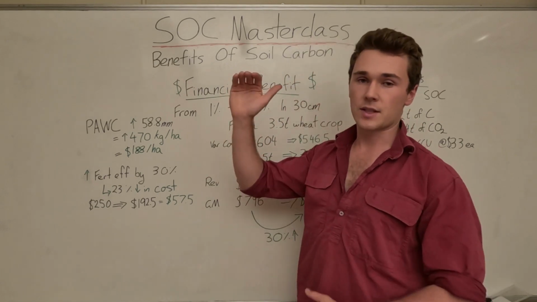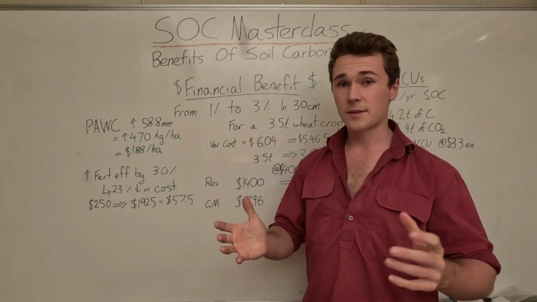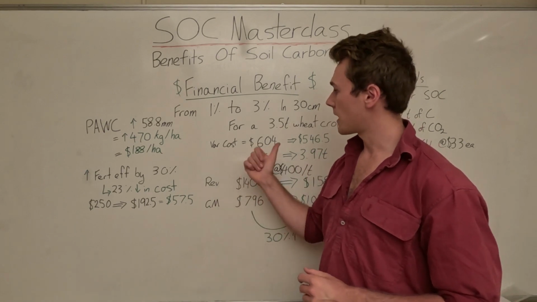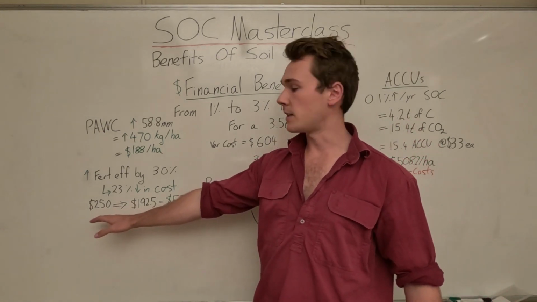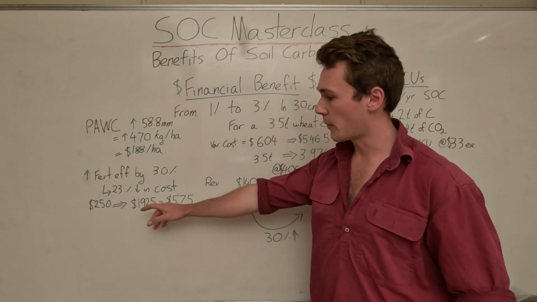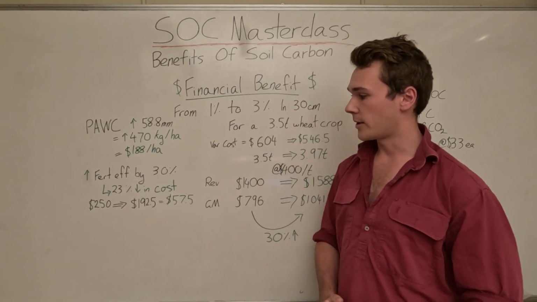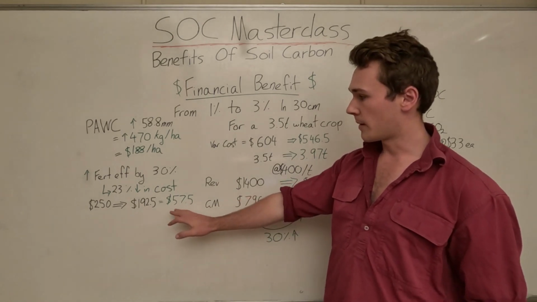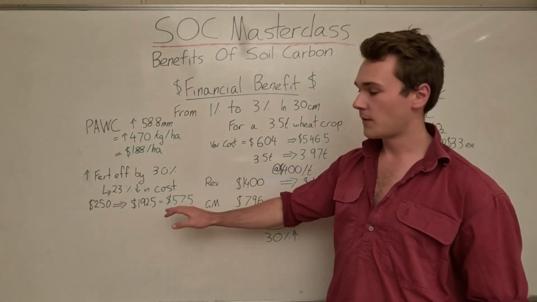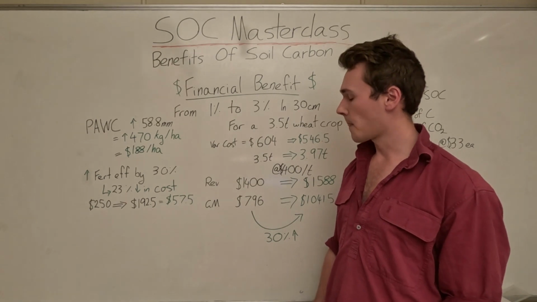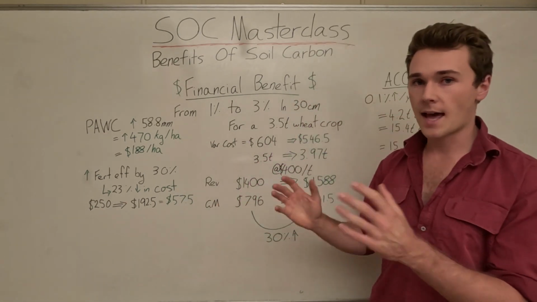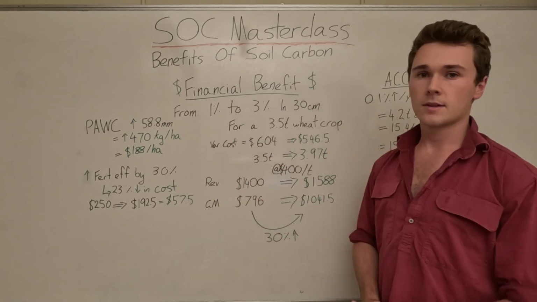So if we increase our efficiency, we can effectively decrease it. So roughly, fertiliser inputs for this tonnage of wheat is about $250. Now, if we were to decrease that by 23%, it's about $192.50, which means we're able to save about $57.50.